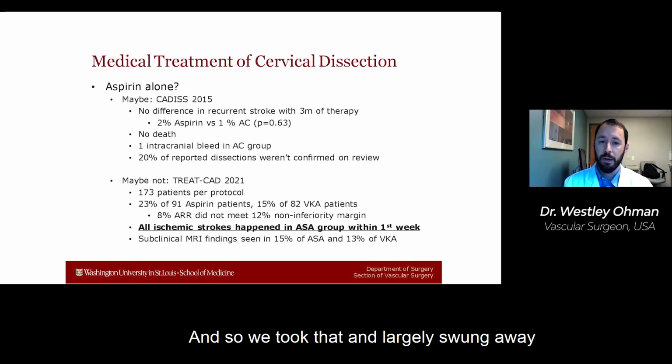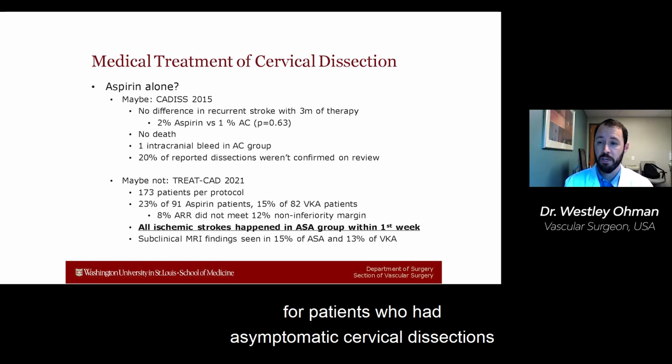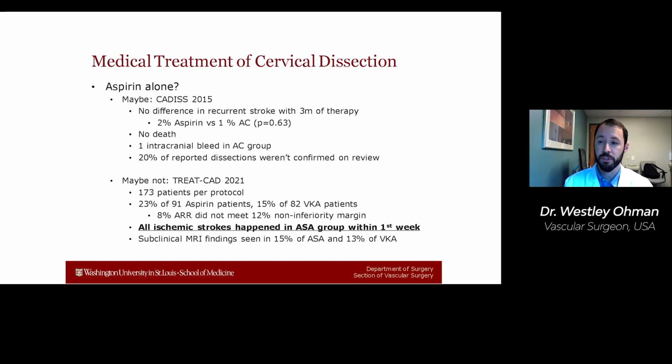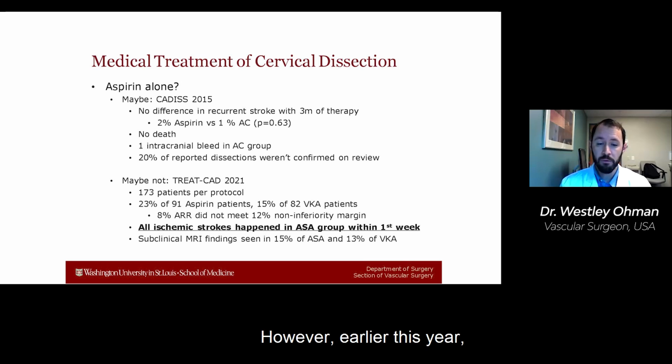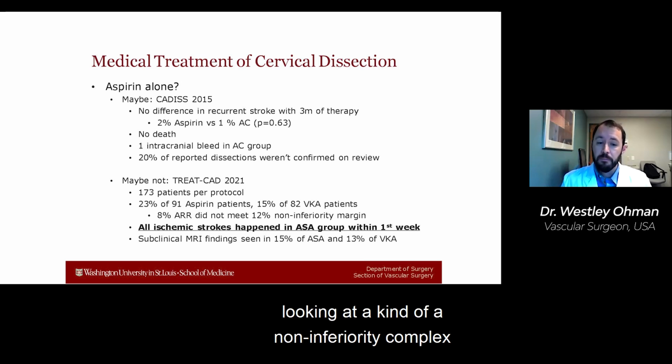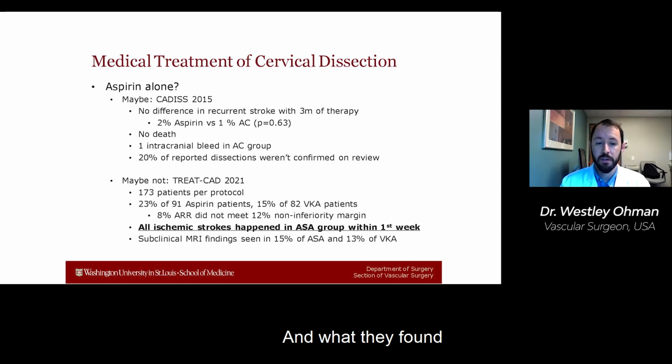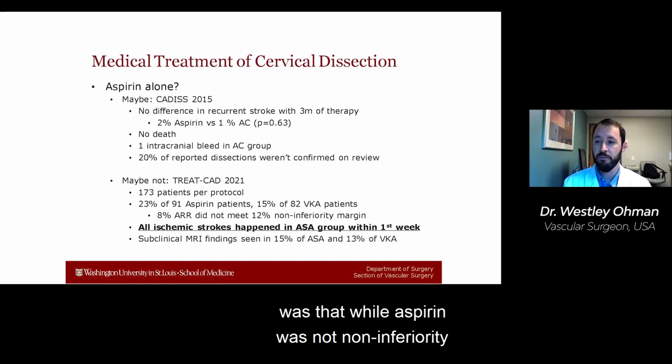And so we took that and largely swung away from aggressive anticoagulation for patients who had asymptomatic cervical dissections without any ischemic events to the brain. However, earlier this year, another study came out with a non-inferiority test. What they found was that aspirin was not non-inferior to vitamin K antagonists or anticoagulation.